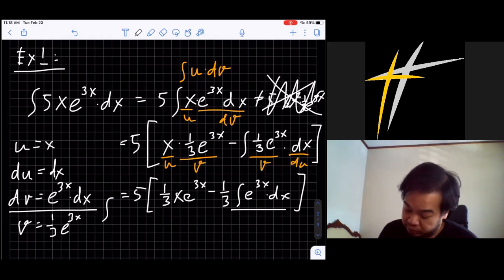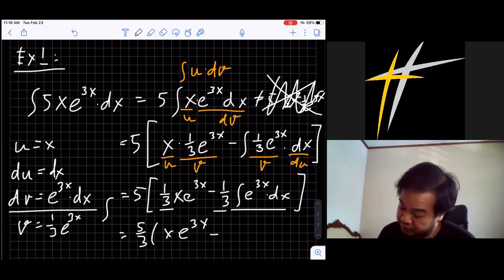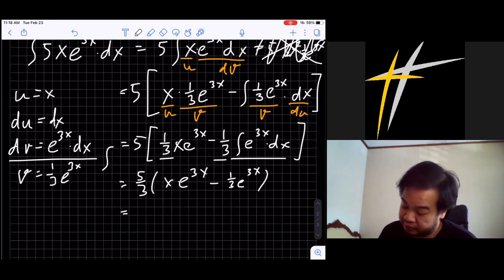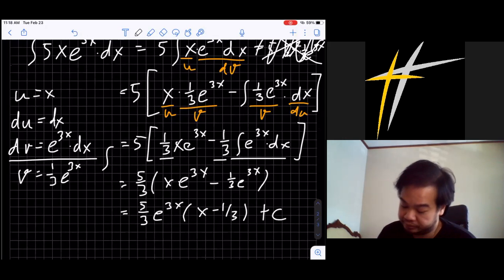So then, let's factor out the 1 over 3, yeah? So it's 5 over 3 x times e power of 3x minus integral of 1 over 3 e power of 3x. And if we factor out the e power of 3x, then it will be 5 over 3 e power of 3x x minus 1 over 3 plus C.